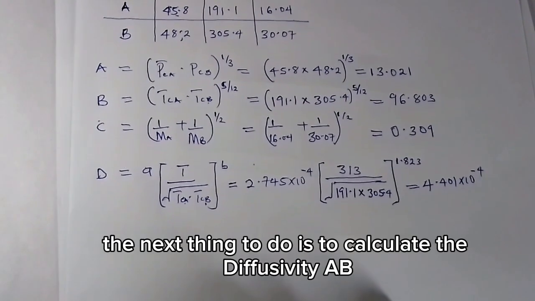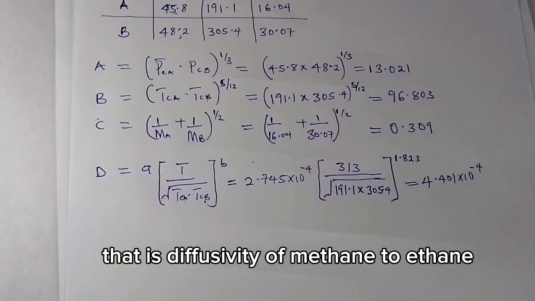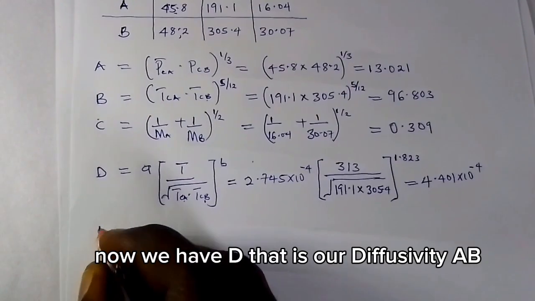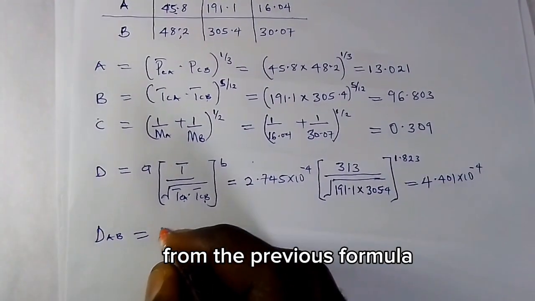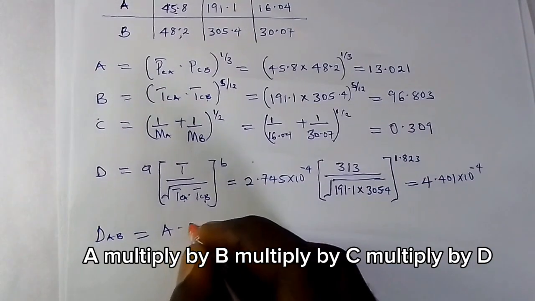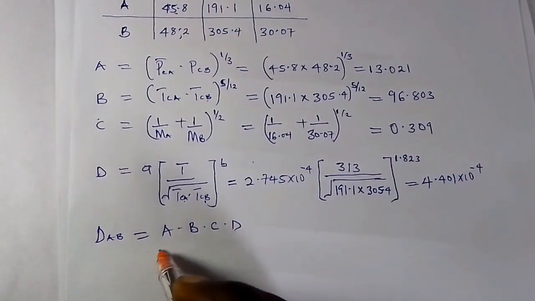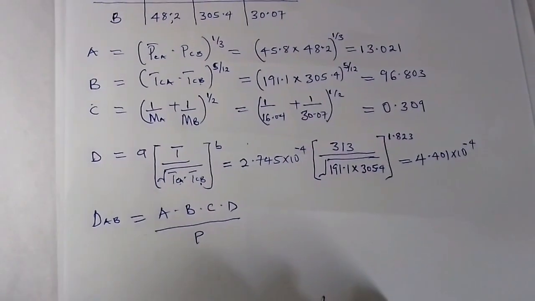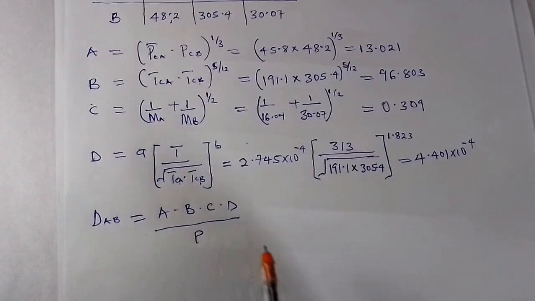Now, the next thing to do is to calculate the diffusivity AB, that is the diffusivity of methane to ethane. From the previous formula, diffusivity AB is A multiplied by B multiplied by C multiplied by D, all divided by P. Mind you, P is the given pressure from the question.